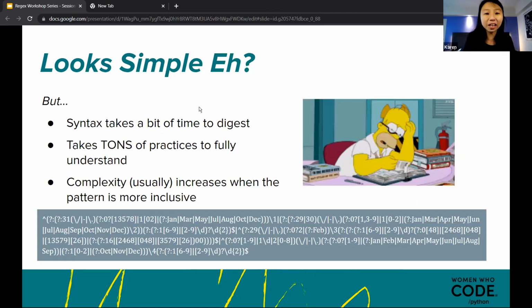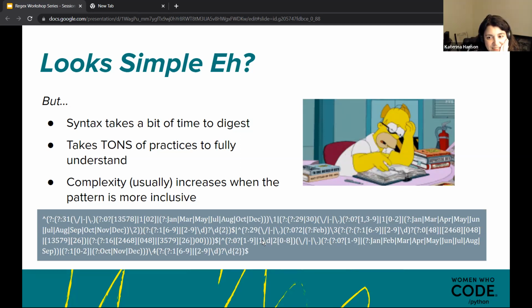But you mix them together, like how I put that ridiculous thing there. Can anyone guess what this pattern is trying to do? Just a little guess. Look, it's got months in there.